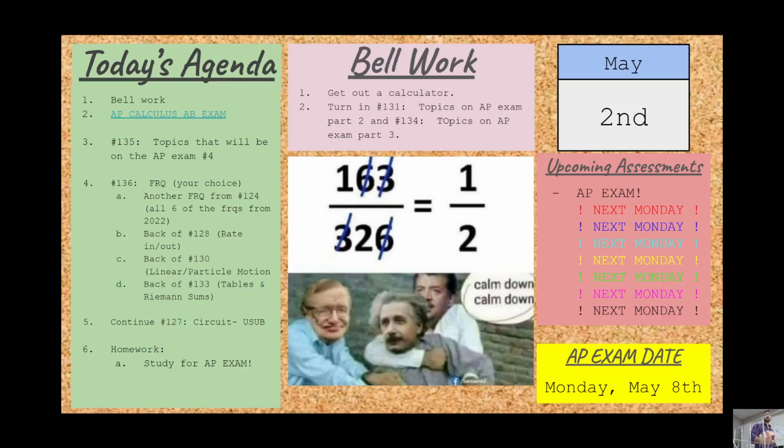And that one has been opened up in Google Classroom since I've seen you guys last time. But I would also like 134, topics on the AP exam part 3. I only opened that up in Google Classroom like an hour ago because I didn't realize it wasn't opened up. So make sure that you have both of those things. If you need to check in Google Classroom real quick, then please do.